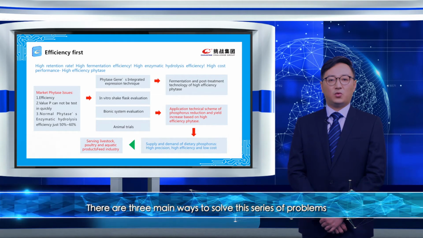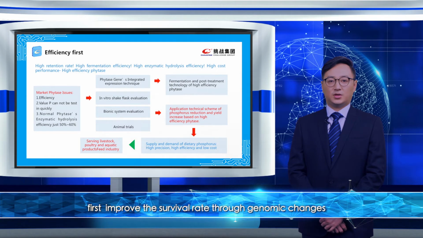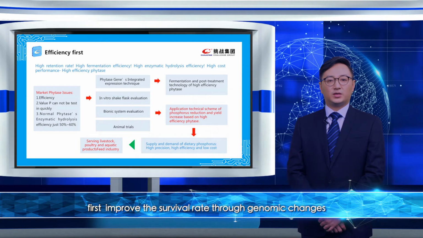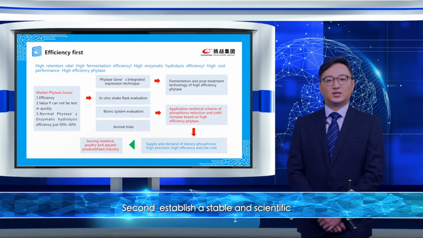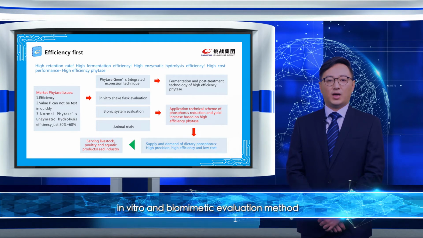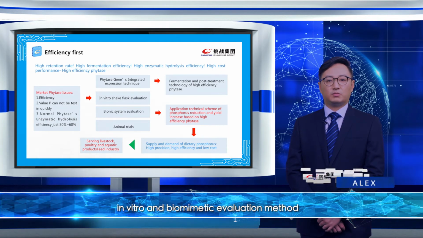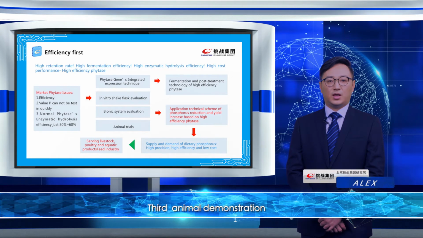There are three main ways to solve this series of problems. First, improve the expression rate through genetic changes, optimize the fermentation conditions, and improve the fermentation effect. Second, establish a stable and scientific in vitro and in vivo evaluation method. Third, animal demonstration.